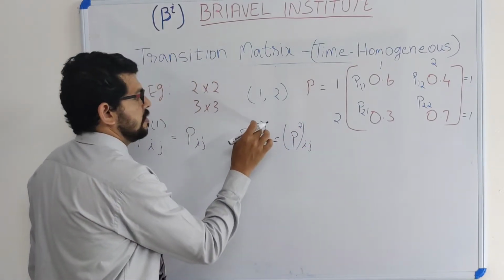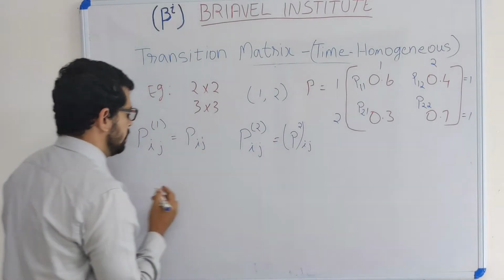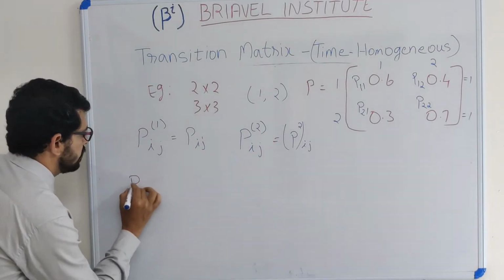This means it's a power of the matrix. Power of matrix means P square. How to find P square?